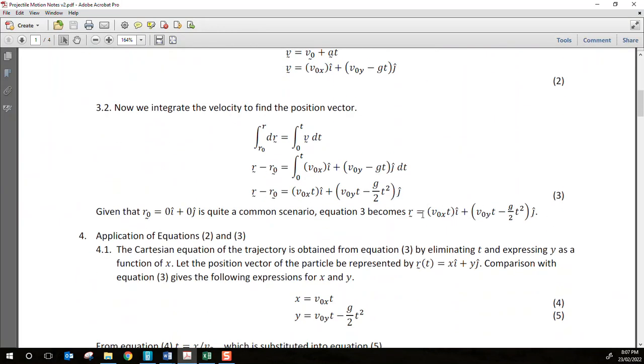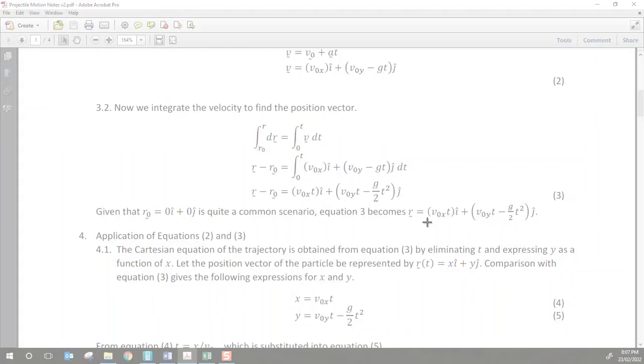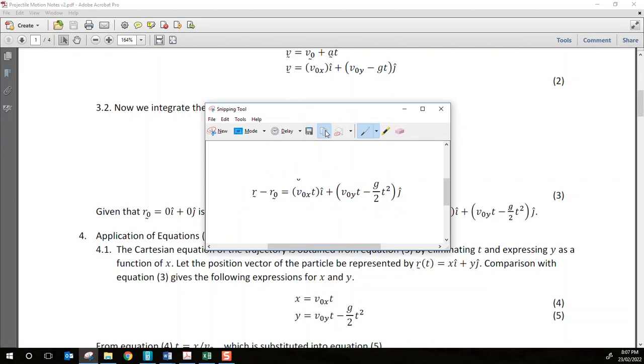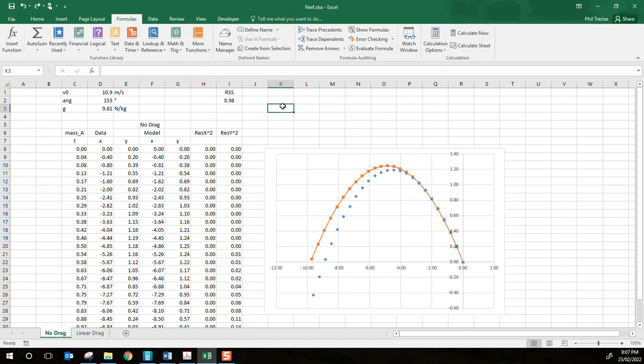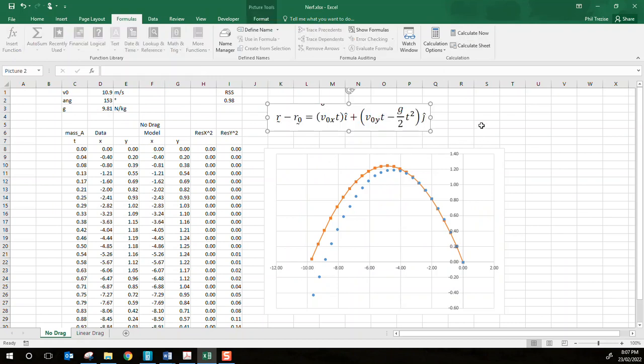Equation number 3 is really the important equation. I might just cut that out and put that on the other page. So here we go, this is the one I want. Let's just copy that and pop it up here somewhere where we can see it.